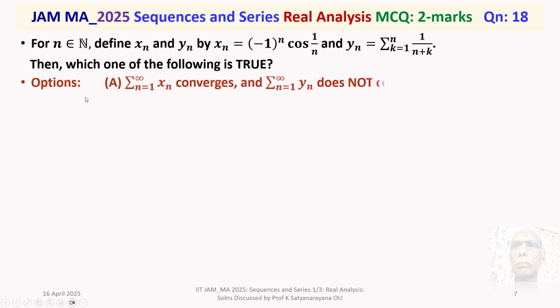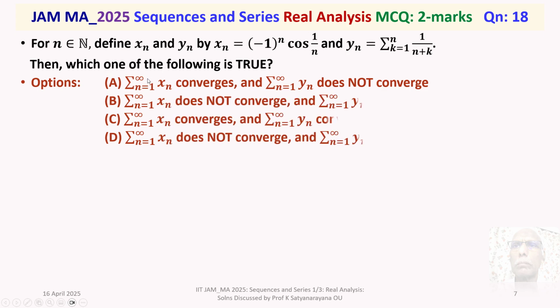So in all these options, what is wanted is whether the series sigma x_n converges or does not converge, and whether sigma y_n converges or does not converge. These are the 2 things you have to do. So basically you have to discuss the convergence or otherwise of both the series sigma x_n and sigma y_n.